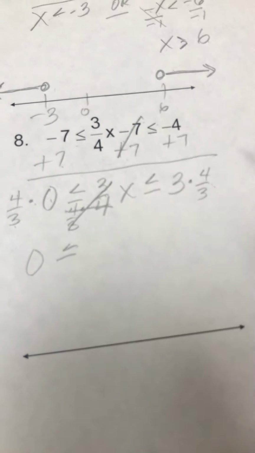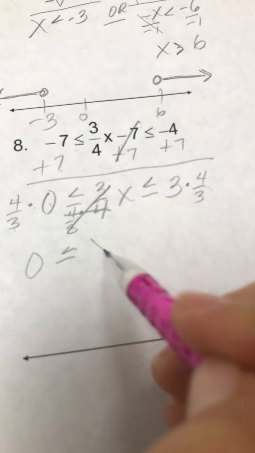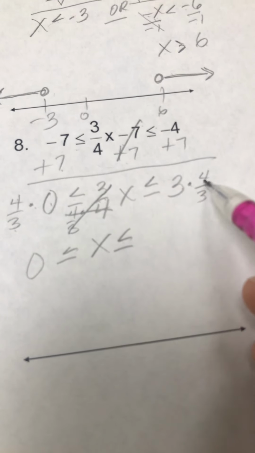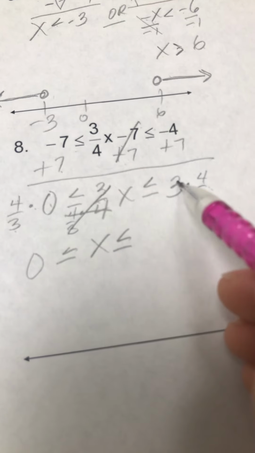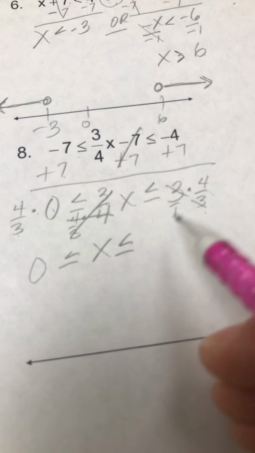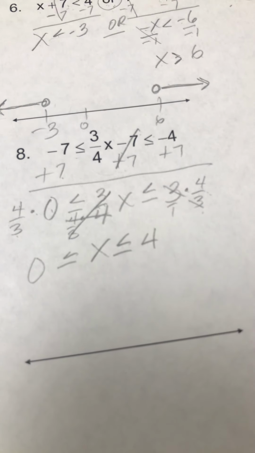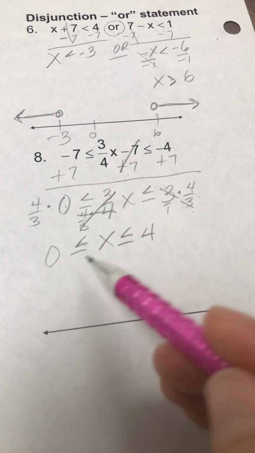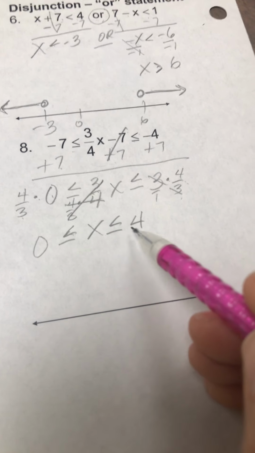These 3's and 4's cancel out, so you're left with x in the middle is less than or equal to 3 times 4/3. Well, 3 is basically 3/1, and these 3's cancel, so you're left with 4/1, which is 4. So we've got 0 is less than or equal to x is less than or equal to 4.